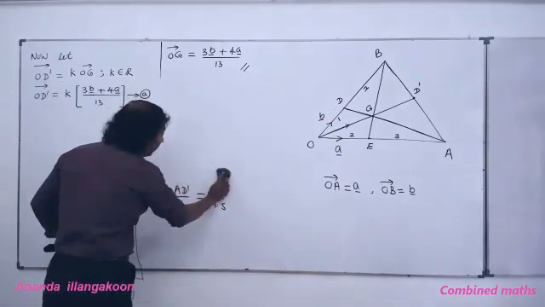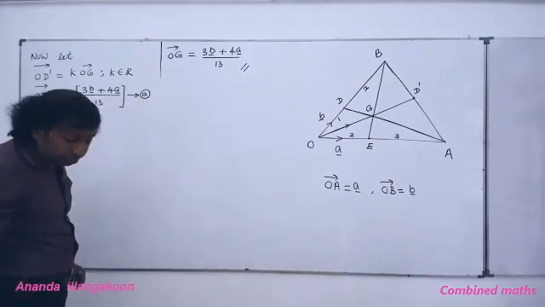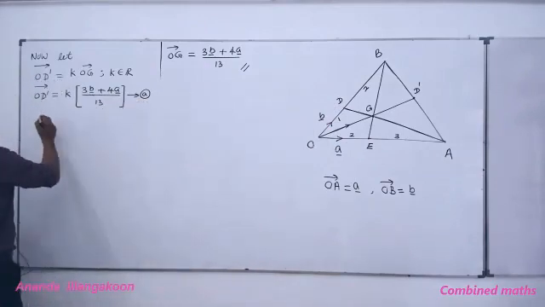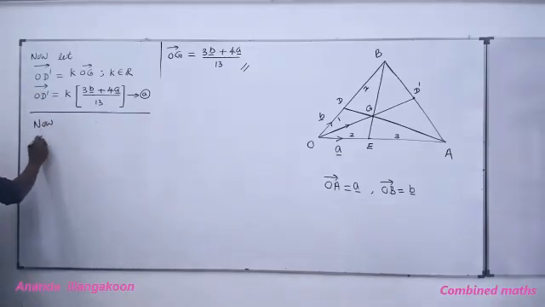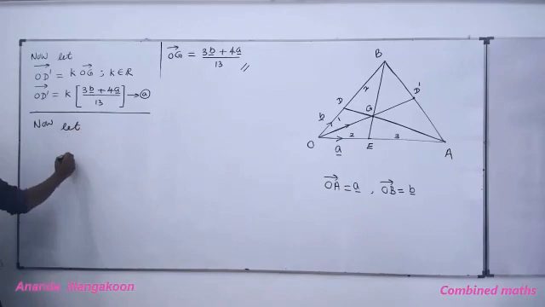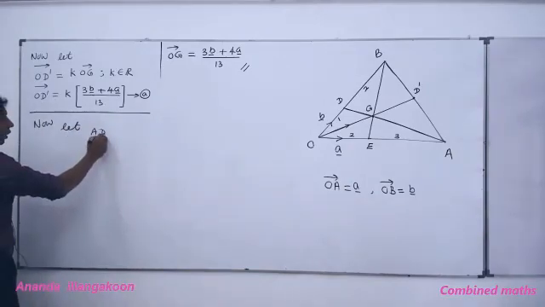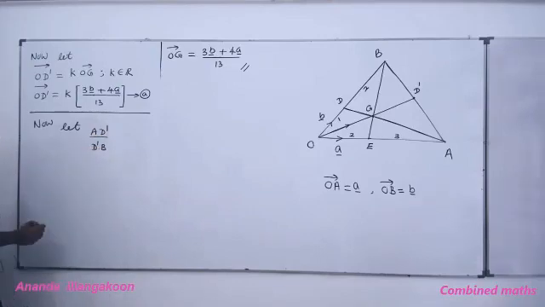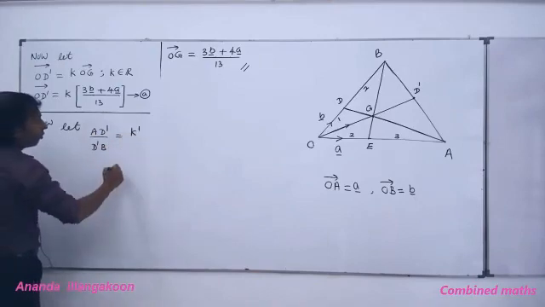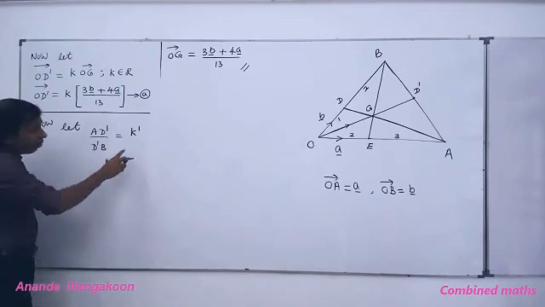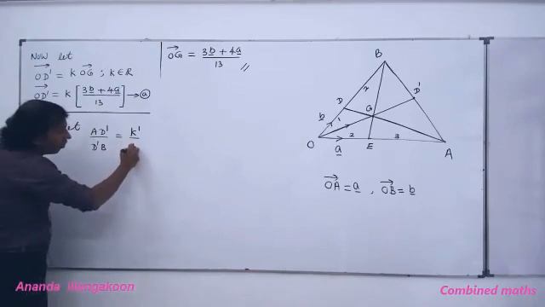Now we can write like this, people. Let AD dash divided by D dash B be K dash. On the right hand side, the denominator is 1.